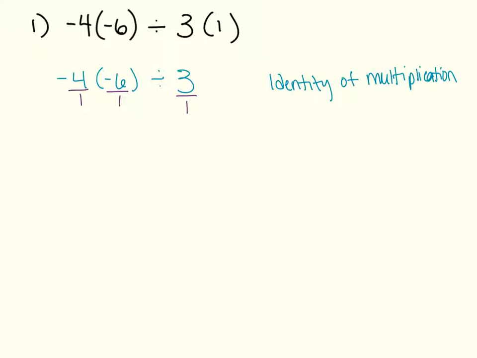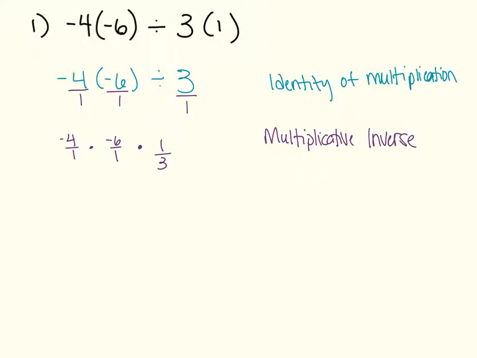Now let's go ahead and do the multiplicative inverse property. We have negative 4 over 1 times negative 6 over 1. And then this is where we apply the multiplicative inverse by changing that division sign to a multiplication. And then we take the reciprocal of the following fraction, which is 1 over 3.